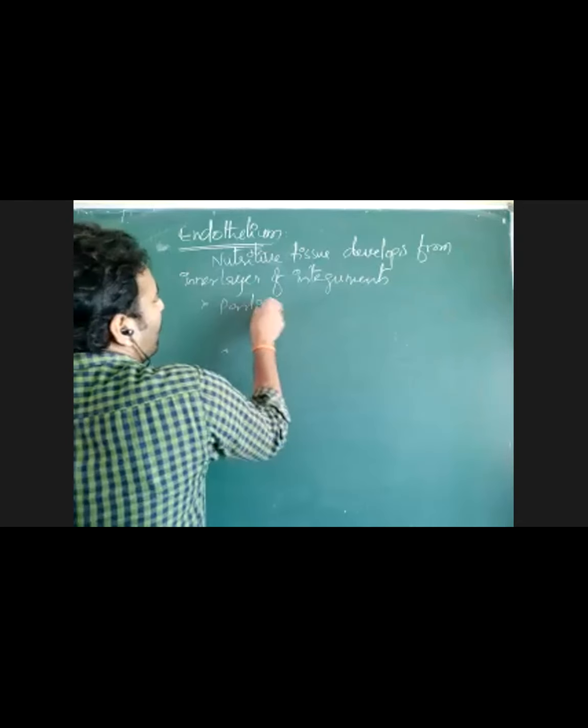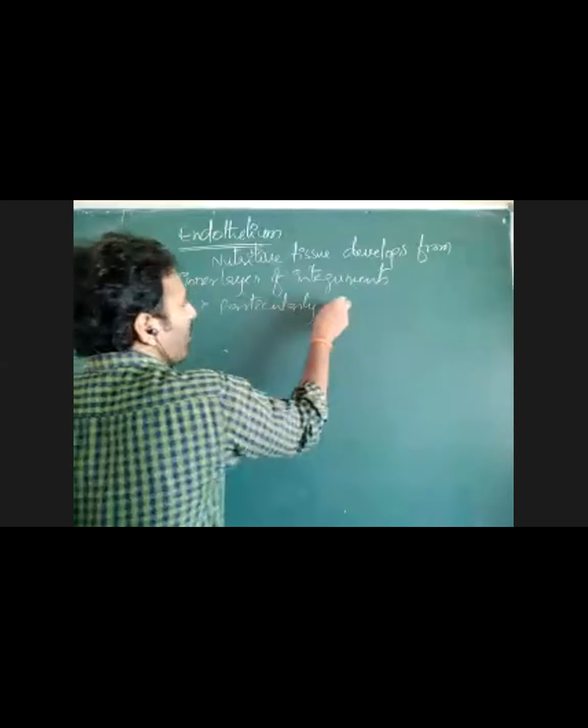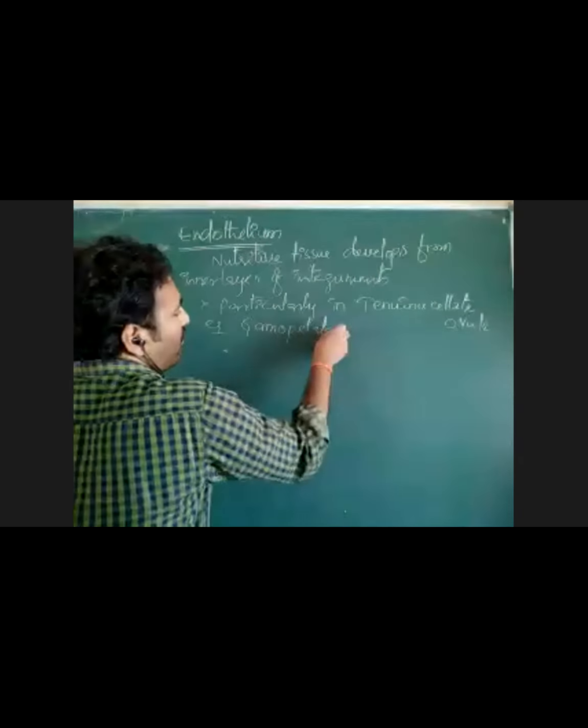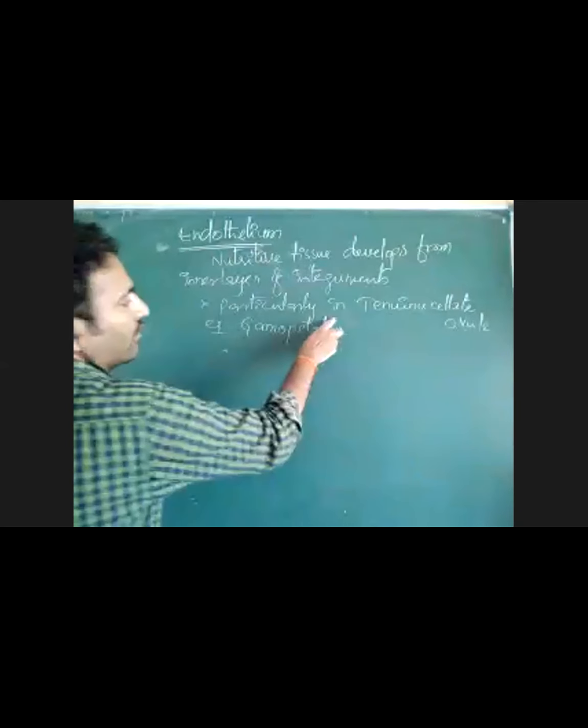This is seen particularly in tenuinucellate ovule, like in Gamopetalae members. In tenuinucellate condition, we can observe the presence of a tissue called endothelium. This endothelium is a nutritive tissue, especially seen in tenuinucellate ovule.